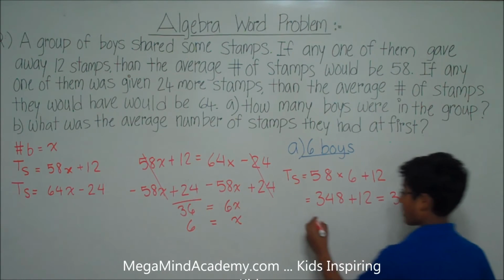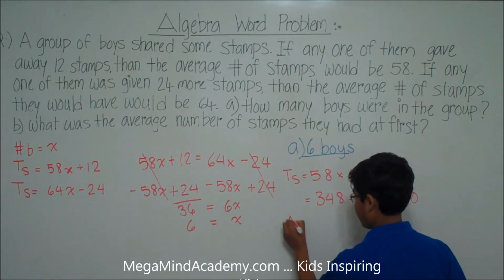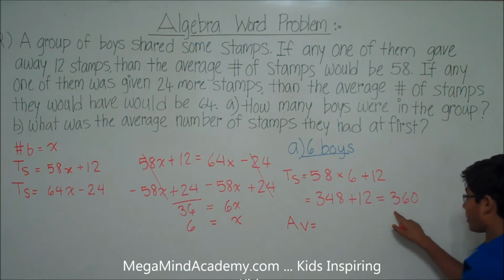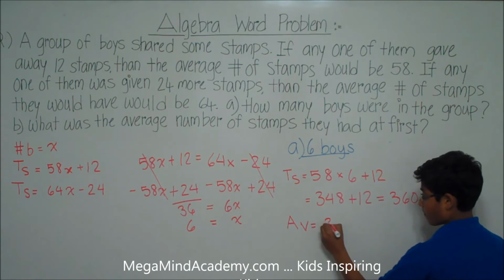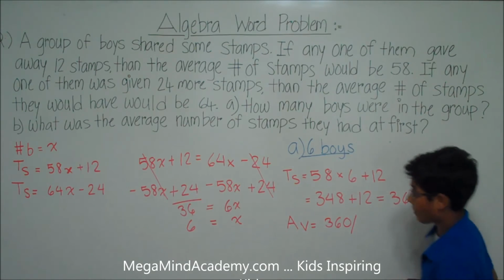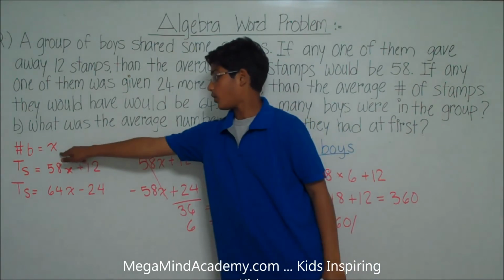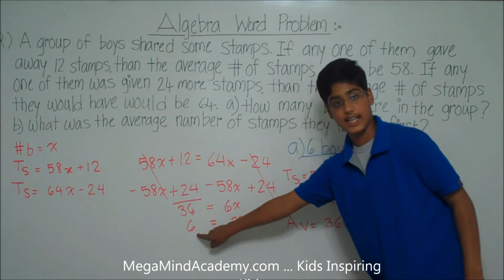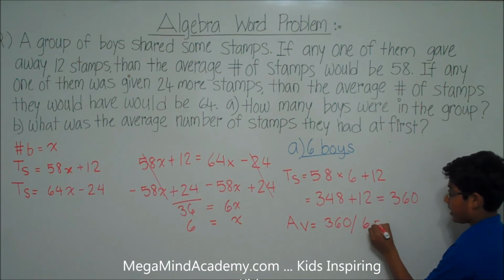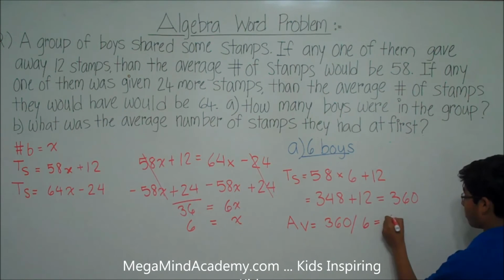So this means that the average stamps, A for average, S for stamps, is equal to 360 divided by the number of boys, which is equal to x, which is equal to 6, divided by 6, which is equal to 60.